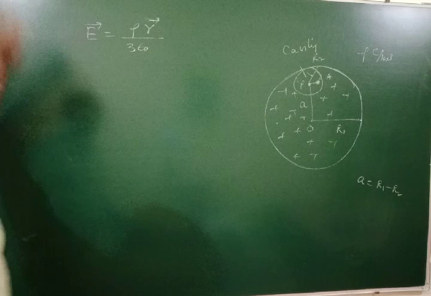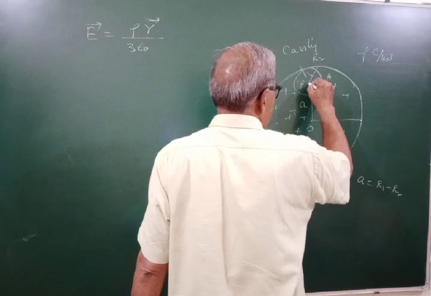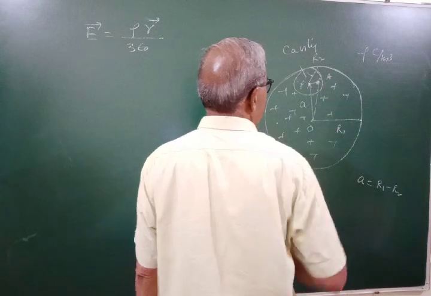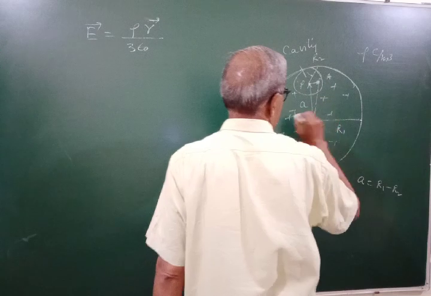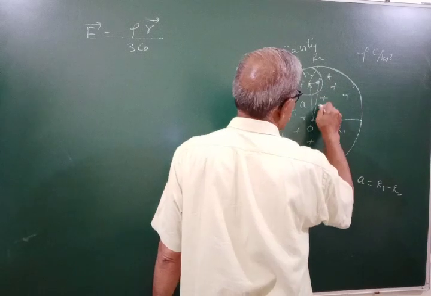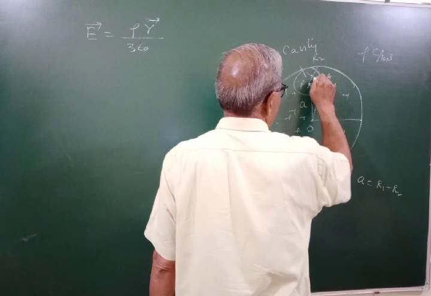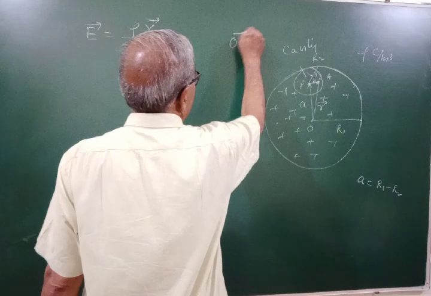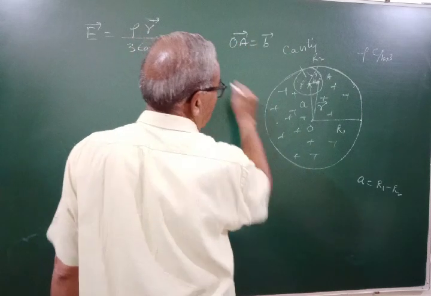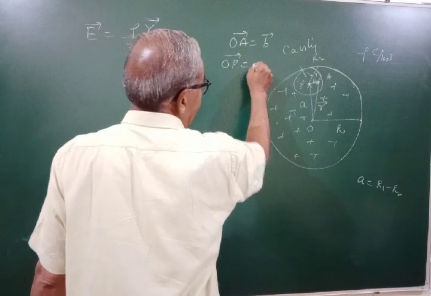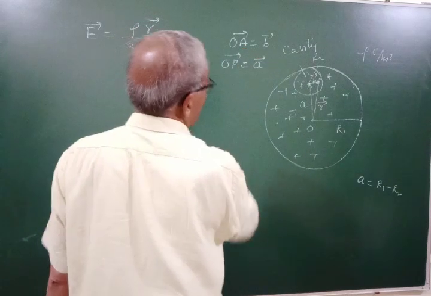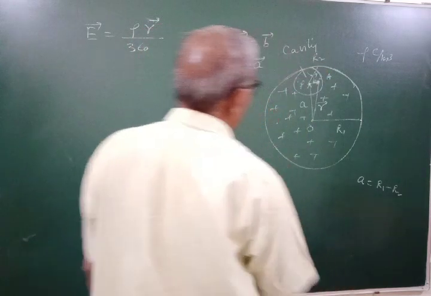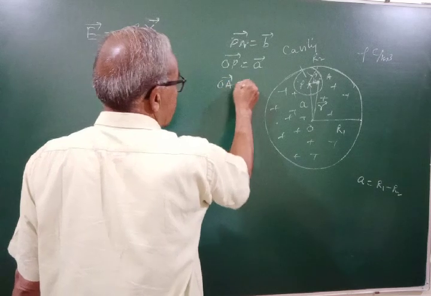Now this is the position vector A with respect to O. This is vector R. Vector OA is equal to vector B, vector OP is equal to vector A, and vector PA is equal to vector B, vector OA is equal to vector R.